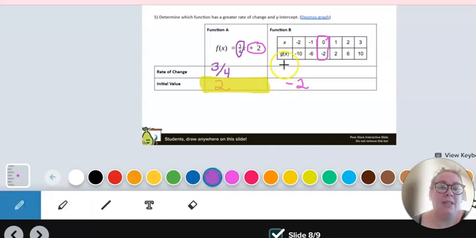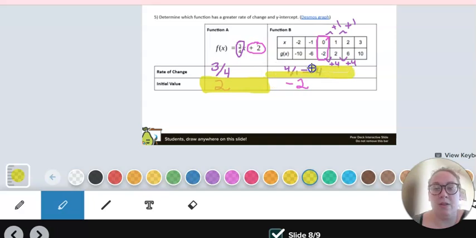And when we're looking at our rate of change, we look at how x increases. It's going up by 1 each time, negative 2, negative 1, 0, 1, 2, 3, as our y's are going up by 4. So we have a slope of 4 over 1, or 4, which is, of course, greater than 3/4.